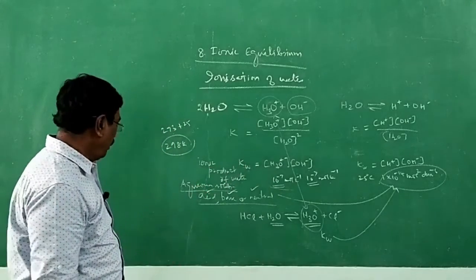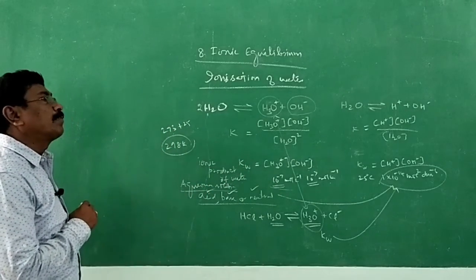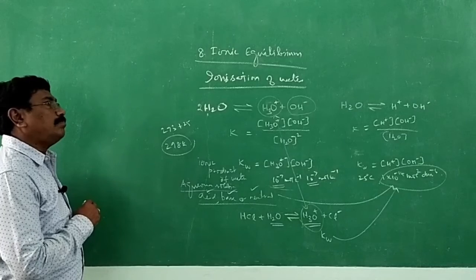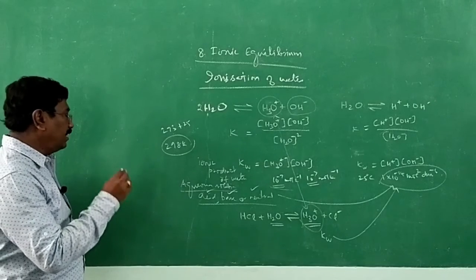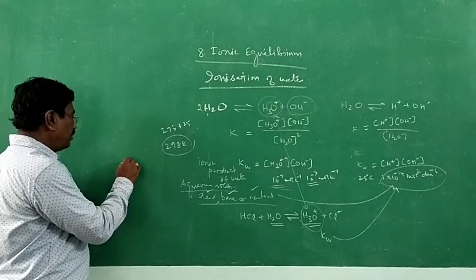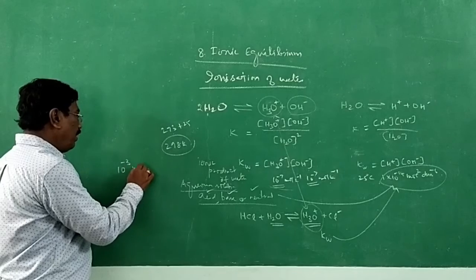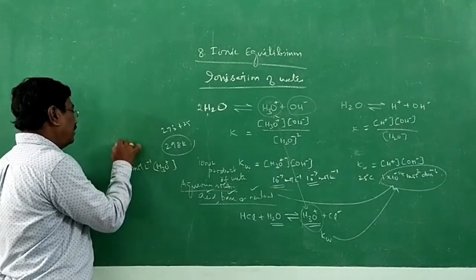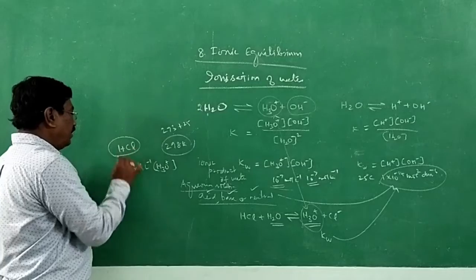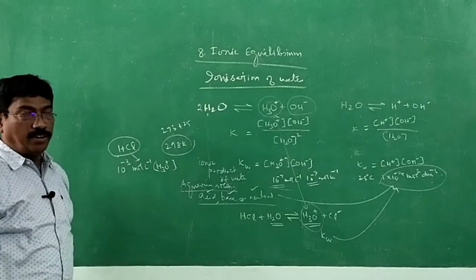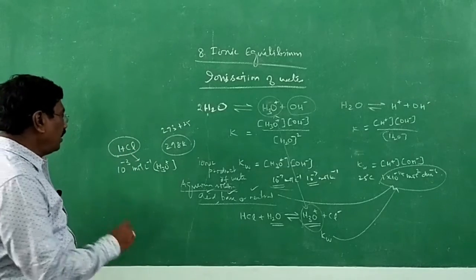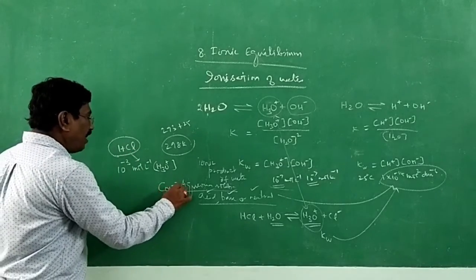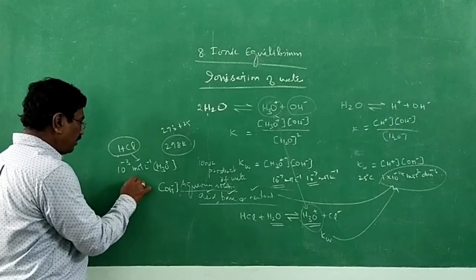How? Suppose I take an acid solution containing 10 power minus 3 mole per liter of hydronium ions. Say hydrochloric acid. It has this much hydronium ion. Naturally, the hydroxide ion concentration will be very low. How much? 10 power minus 11 mole per liter.